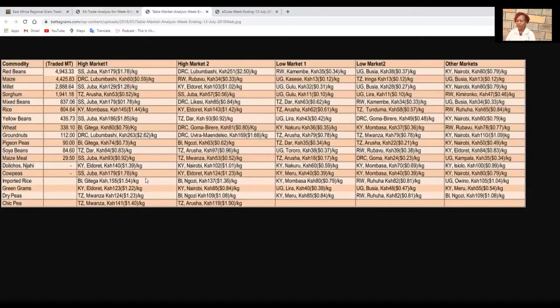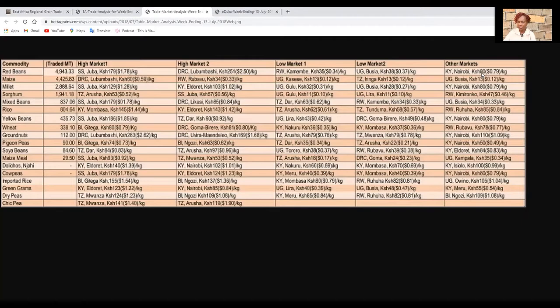The other one that I think would be of interest to a lot of farmers and traders was the table. The table is to provide the top high markets, the top low markets, and then other markets. And so what it used to do was tell people which is the profitable market to sell your product.